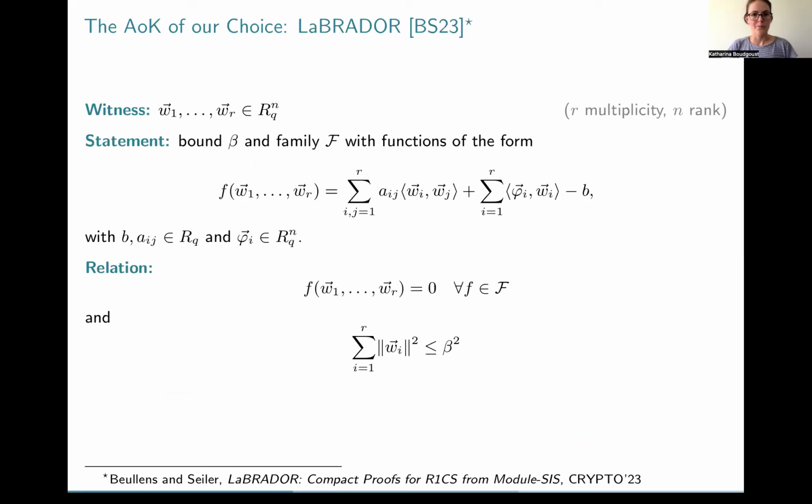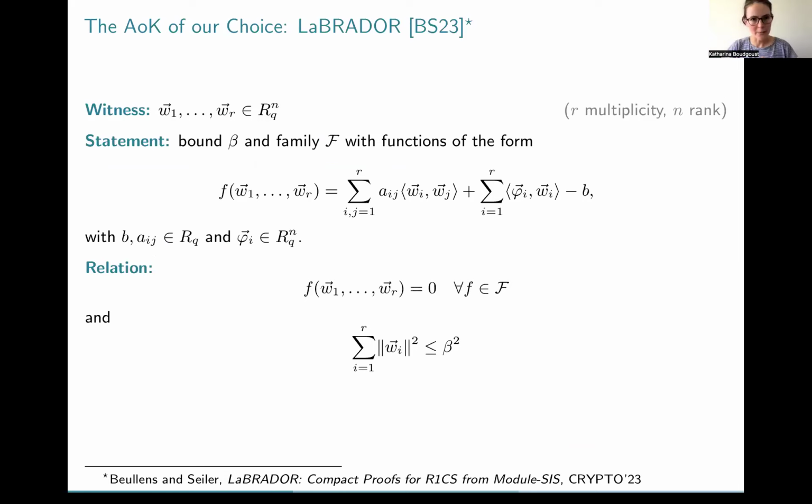So the question is now, which argument of knowledge, out of the many that are out there, do we want to take? We decided to take Labrador, a proof system by Beullens and Seiler from Crypto last year, because it's based on standard hardness assumptions like Module-SIS, but also because the native language of Labrador is really, really well suited to reflect Falcon signatures.